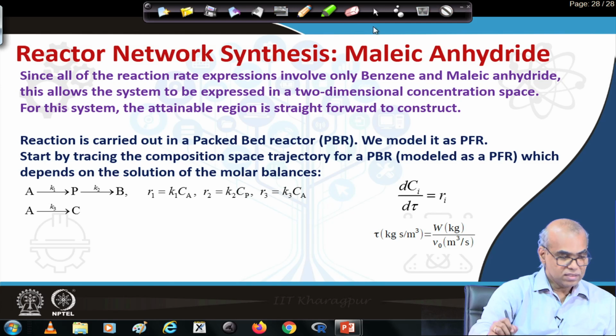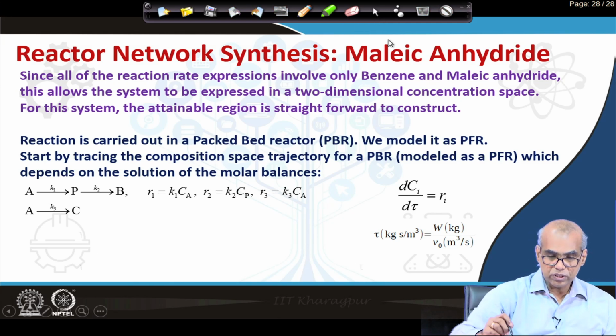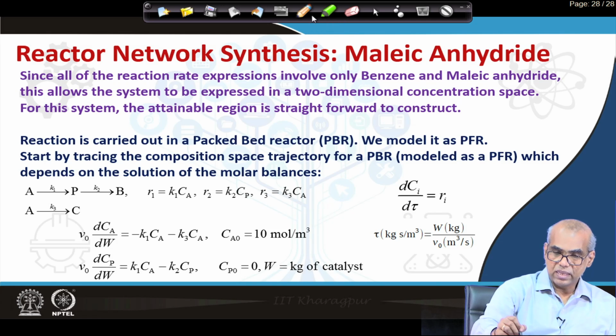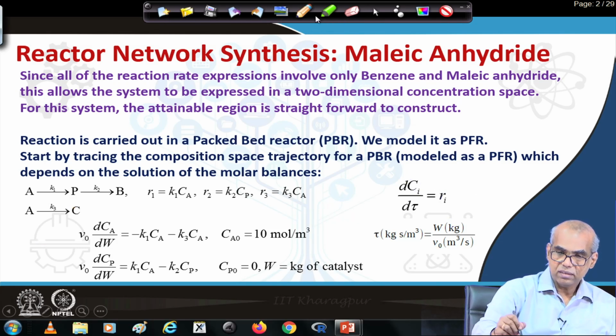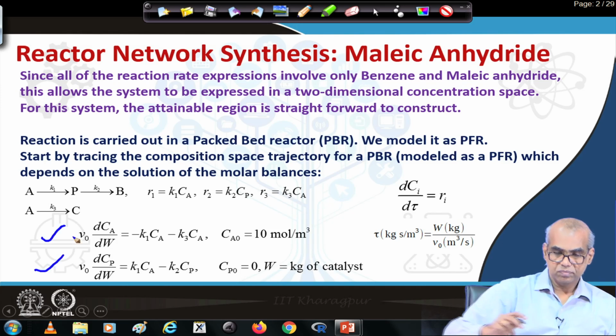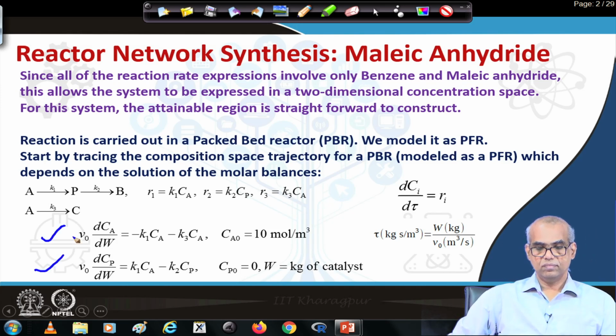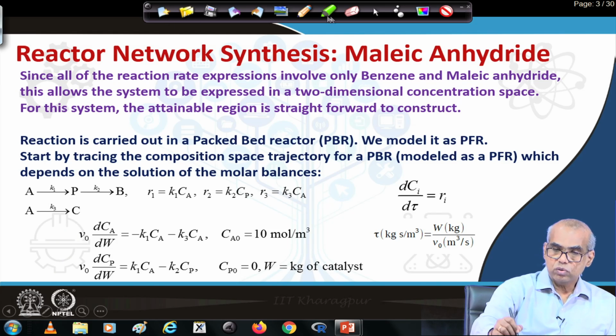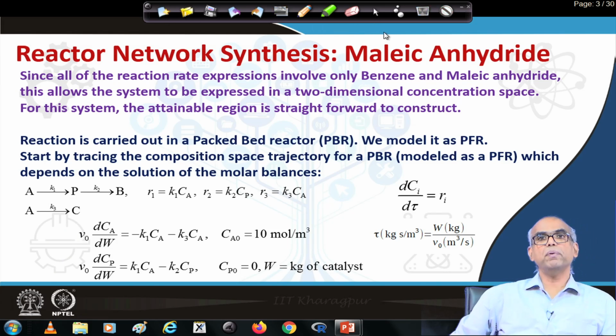So, let us write those differential equations for Ca and Cp. So, basically we are writing V0 dCa/dW equal to Ra and V0 dCp/dW equal to Rp. So, to obtain the PFR trajectories, we just have to solve these two differential equations with initial conditions for Ca and Cp.